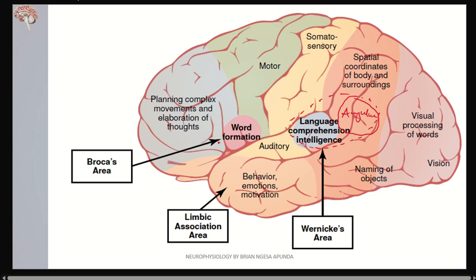And of course, remembering the prefrontal cortex, it should be able to assist in the planning of complex movement and the elaboration of thoughts that an individual can have.